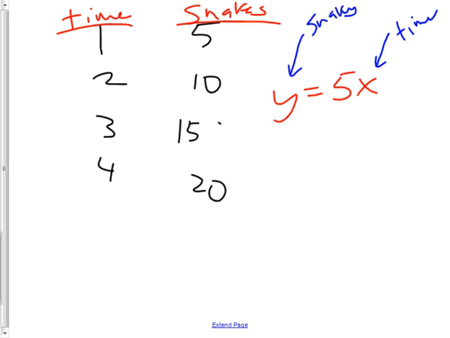So if I said day 7, you'd put it right there, and you could figure out 35 snakes. And if I said snakes is 50, I'd put a 50 right there. You get that? And then I could solve and figure out that X would have to be 10. So 10 days, I had 50 snakes on day 10.